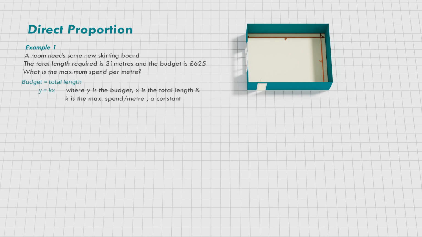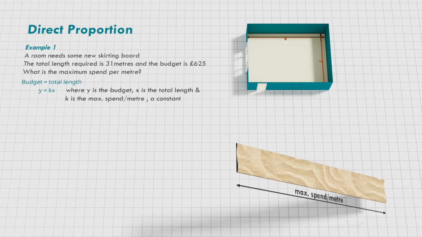We can write this as the equation y equals kx, where y is the budget, x is the total length, and k is the max spend per metre, a constant. Filling in the values we have gives £625 equals 31 metres times the spend per metre.